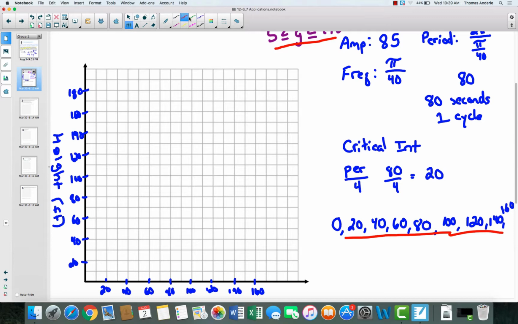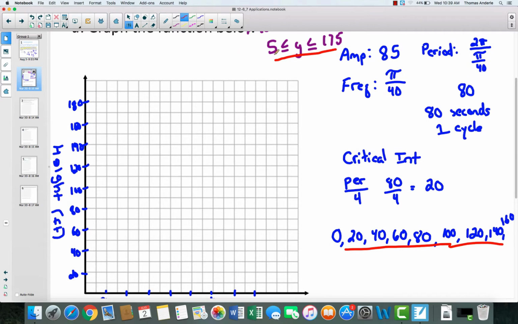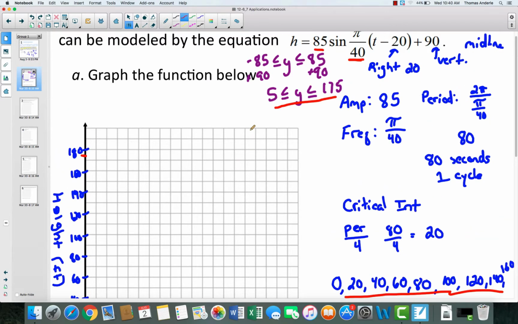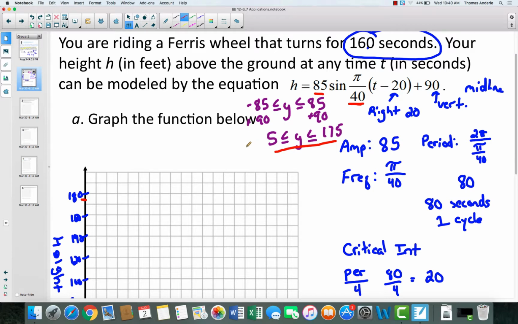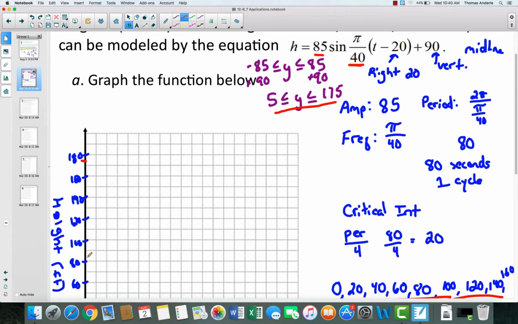The next thing that I'm going to do is label my minimum value, which is 5, and label my maximum value, which is 175. So 175 is here, my minimum is right here, and my midline, what was our midline? Midline was 90, so I'm going to label that as well. Here's 90.